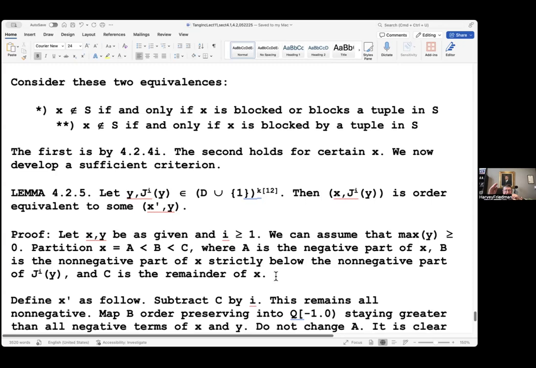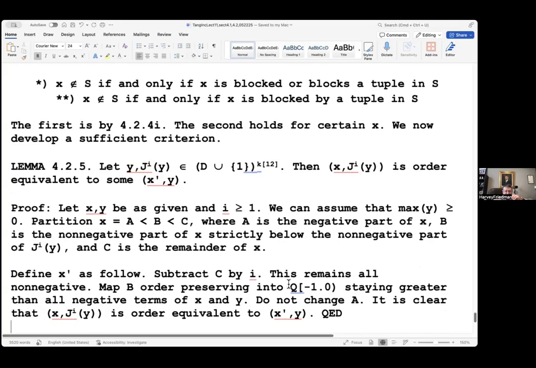I subtract i from C, and that's going to be fine. This J^i is already assumed to make sense, so we can subtract i. This remains all non-negative. And then we map B, the middle section of X, order preserving onto Q minus 1, 0, staying greater than all negative terms of X and Y.